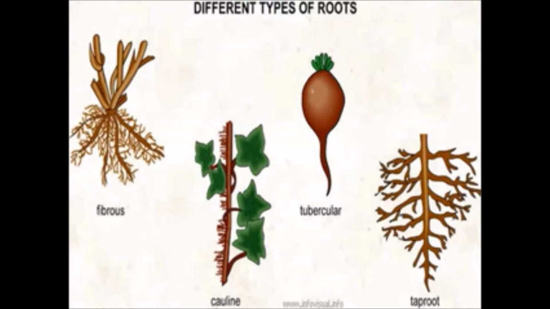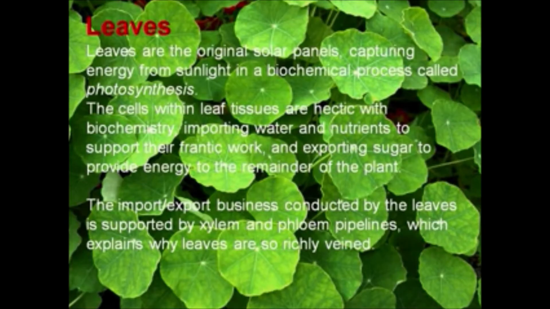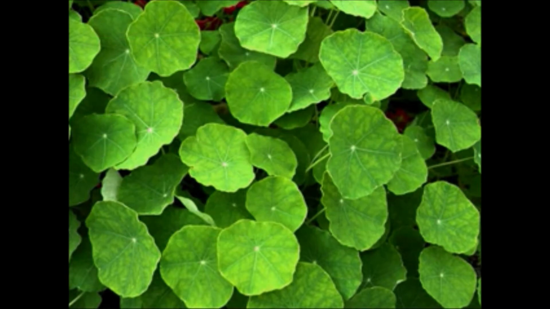Different types of roots: fibrous, tuberous, corm and taproot. Leaves. Leaves are the original solar panels, capturing energy from sunlight in a biochemical process called photosynthesis.